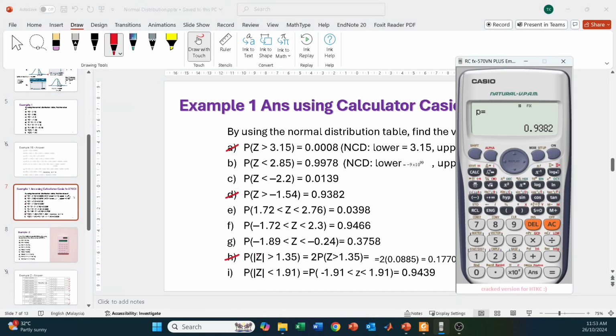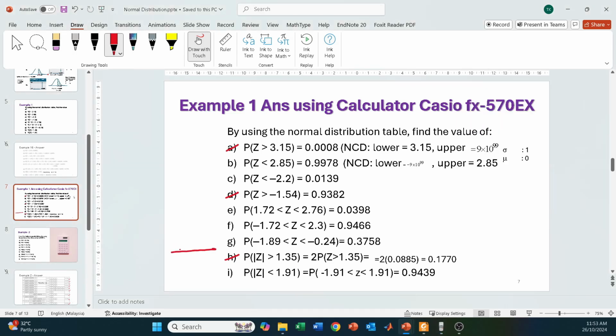H, the probability of magnitude Z greater than 1.35, means you get negative 1.35 up to positive 1.35 excluded. A normal distribution with mean zero is symmetric, so magnitude Z greater than 1.35, left area plus right area, is equivalent to 2 times the probability of Z greater than 1.35.